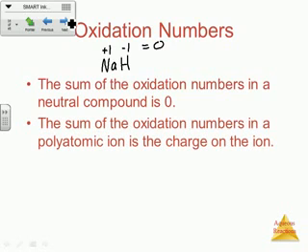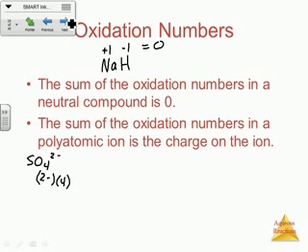Now, if you have a polyatomic ion, then the sum of the oxidation numbers is the charge on the ion. So, for example, SO4 2-. Each of these oxygens, according to our rule here, is going to be a 2- oxidation state. So each of these is a 2-, and there are 4 of them, so that equals -8.